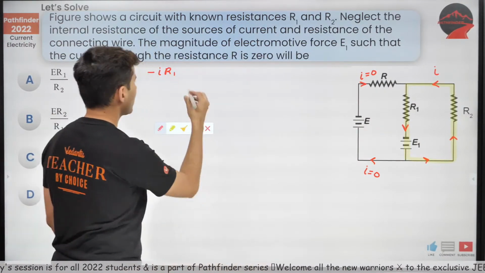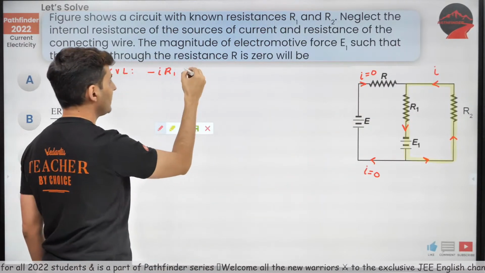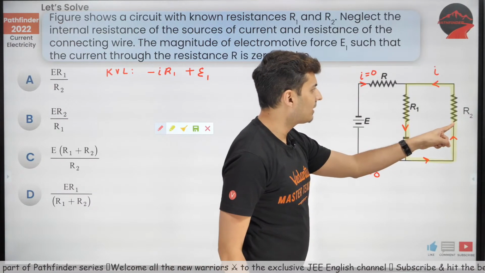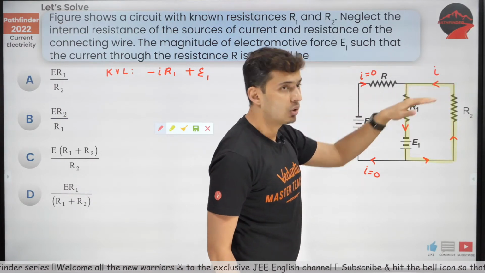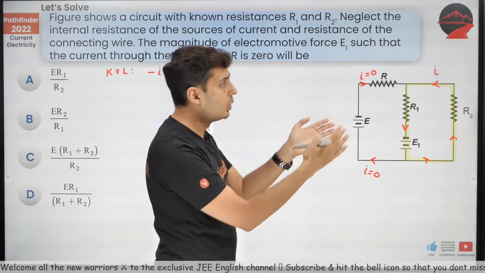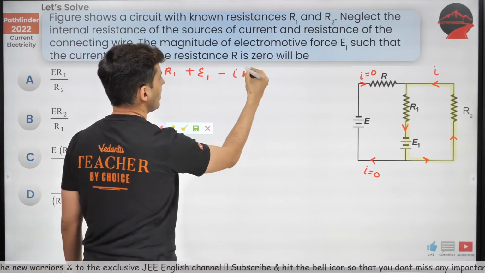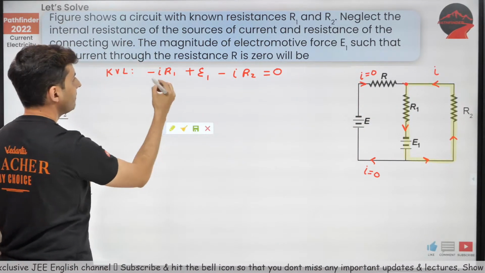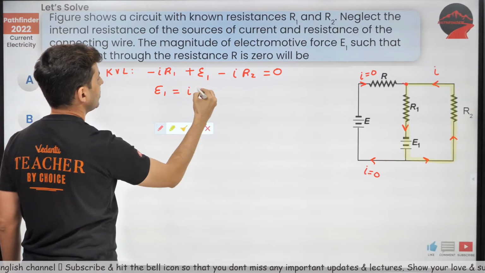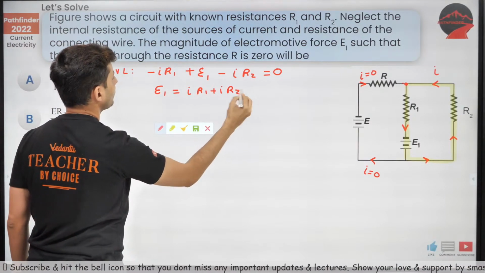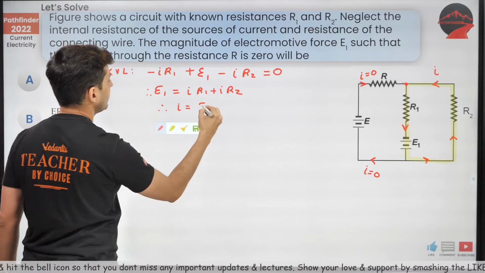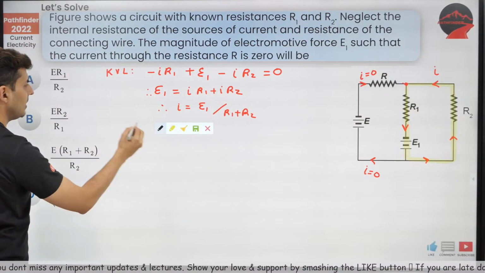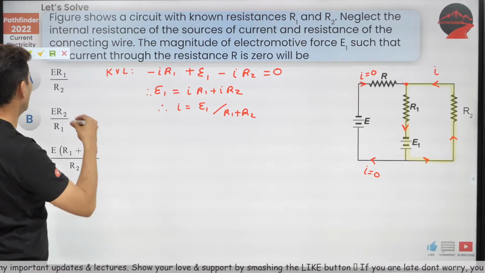From here I'm going from low to high, negative to positive, so plus E1. Here there is nothing. Again I'm going in the current direction, high voltage to low voltage. Current in the resistor goes from high to low, keep that in mind. So minus I R2. And I'm back to my original point, so it should be 0. Rearranging this, you get E1 is equal to I R1 plus I R2. Therefore, I is equal to E1 divided by R1 plus R2. That's of no use as of now, but let's do something more.